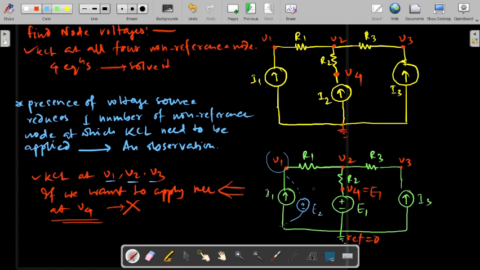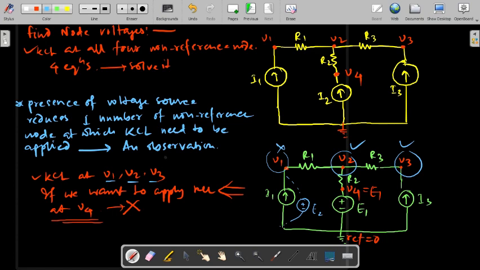That means the equations need to be applied for V2 and V3 only, and there is no need to apply KCL at this V1. So you see that one voltage source reduces one number of non-reference nodes at which KCL needs to be applied.